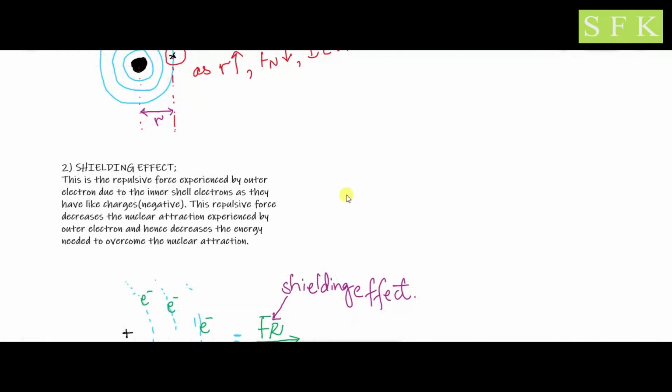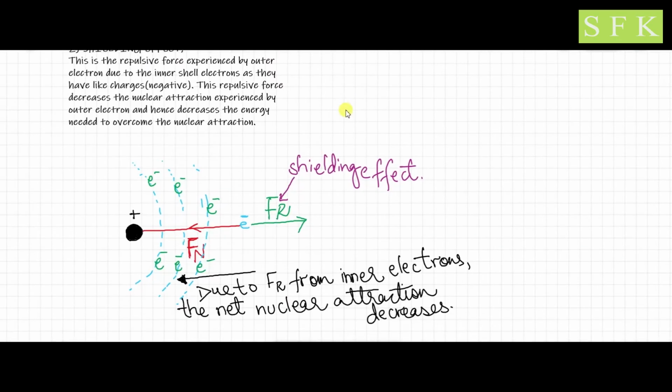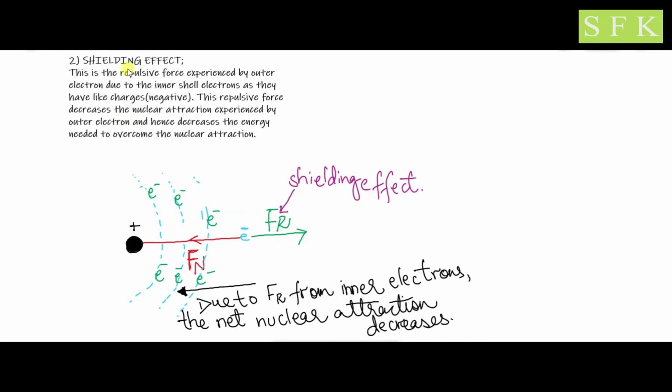Now let's move forward to the second factor affecting ionization energy: shielding effect. Okay, let's see what shielding is. Shielding is basically due to the inner electrons. It is the repulsive force experienced by the outermost electron, which I've drawn in blue, due to the inner electrons, as they have like charges.